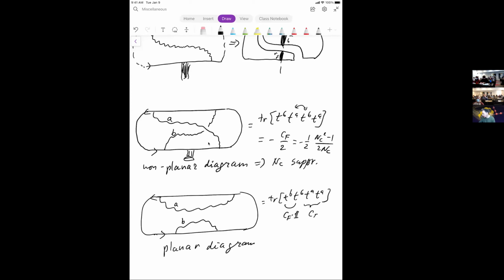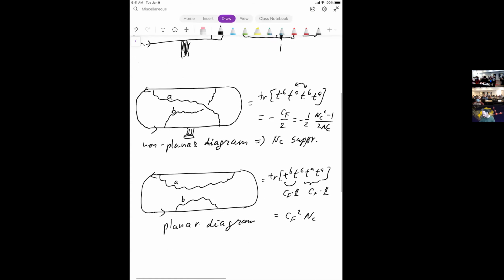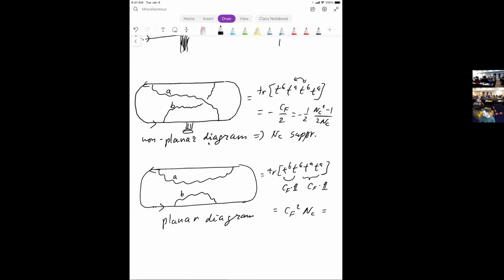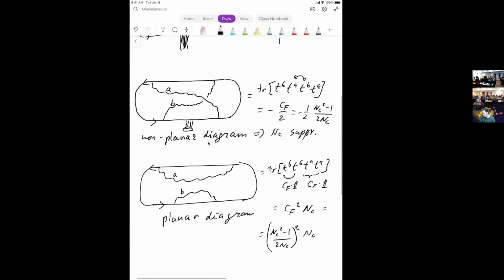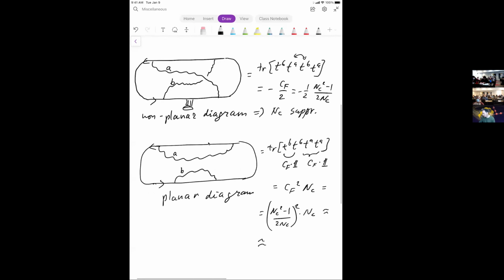TA is also just a Casimir times a unit matrix. So we get CF squared NC, right, since the fundamental trace of a unit matrix is NC. So this is NC squared minus 1 over 2 NC squared times NC. Or if NC is very large, we see that this is NC cubed over 4.